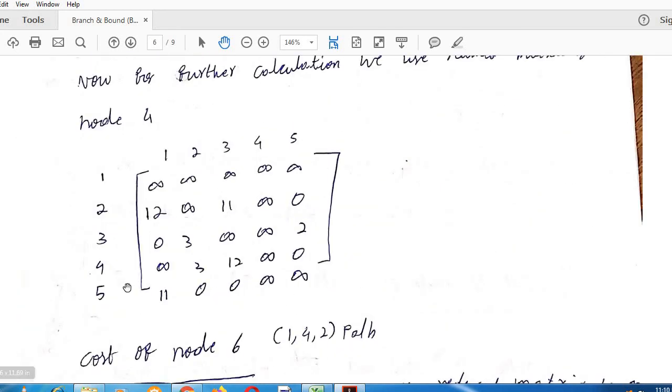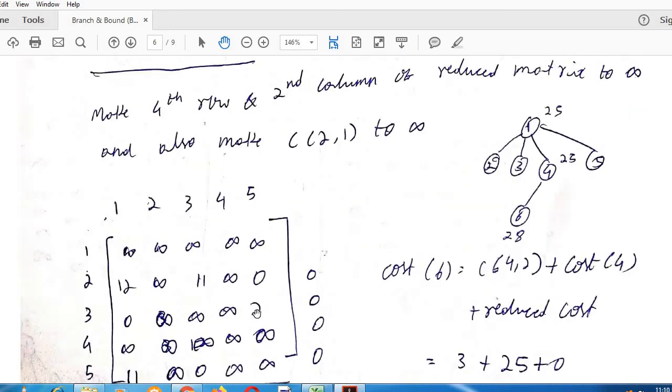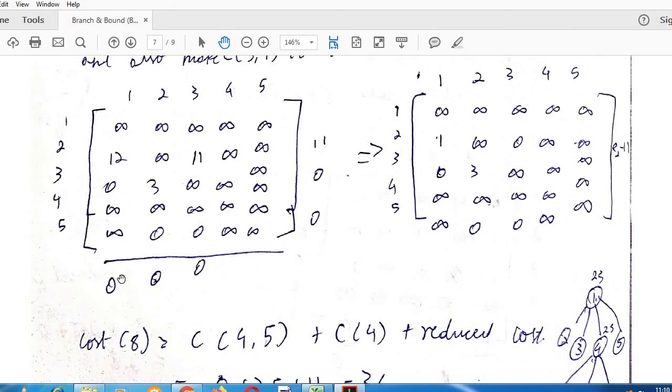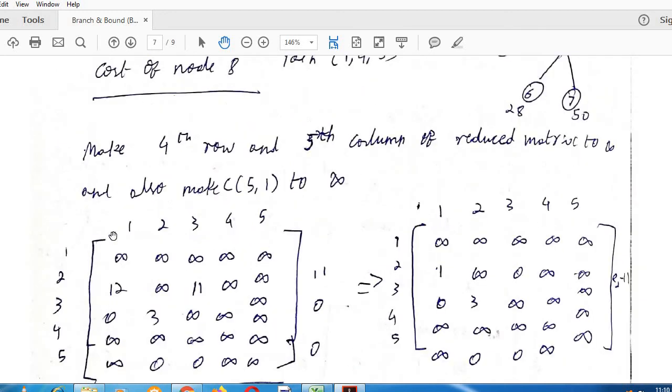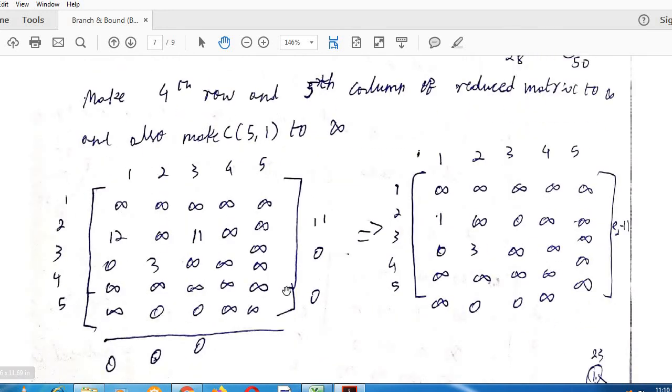In the reduced matrix, the fifth row first column element, 11, will be reduced to infinity, as you can see here. Also the fourth row and fifth column elements will be replaced with infinity.